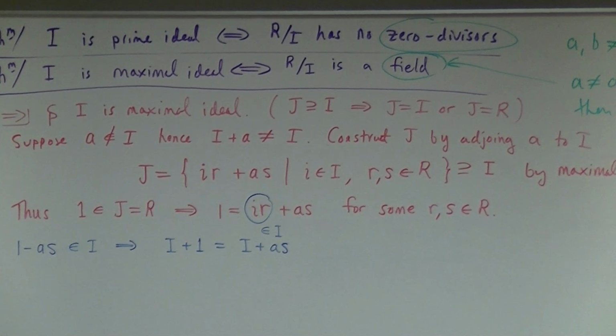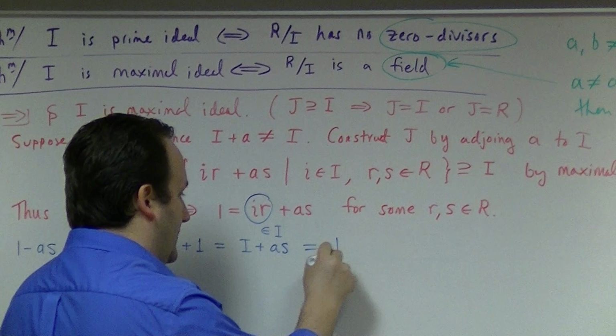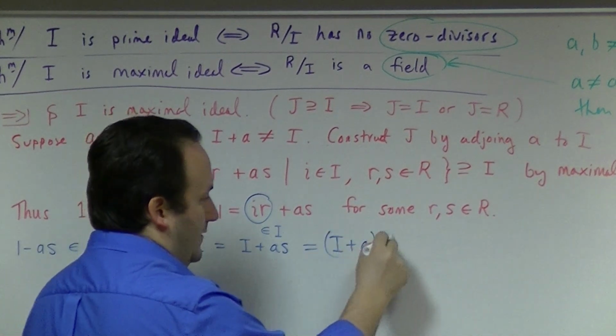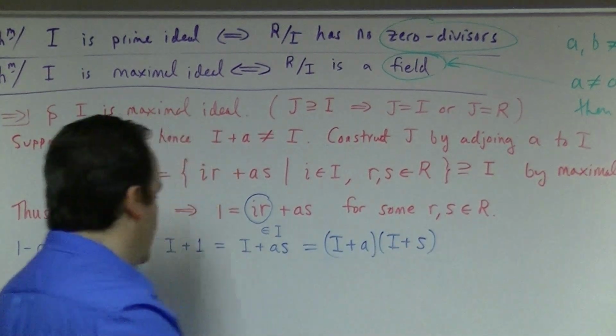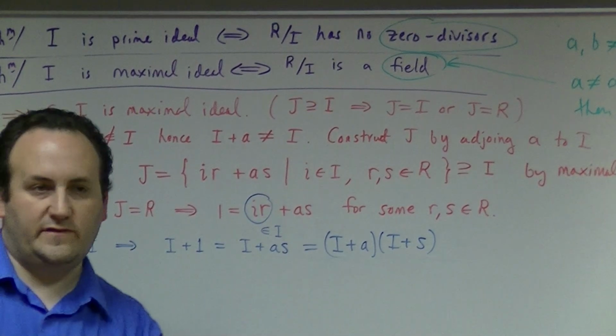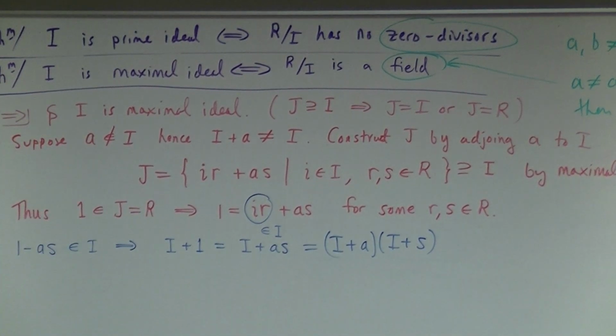But the product says that I plus AS is equal to I plus A times I plus S. And remember, I showed back in the proof that R mod I forms a ring, that the coset which has representative 1 behaves as the multiplicative identity.